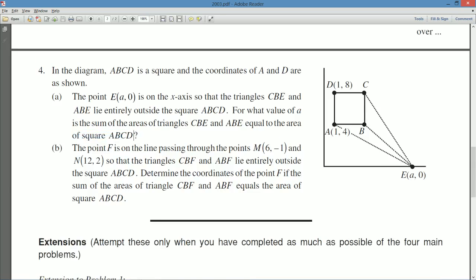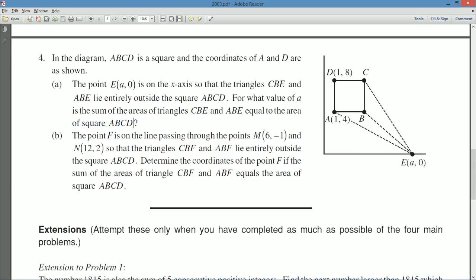So first we need to figure out the area of the square. That way we know what we're shooting for. And then we need to figure out each of CBE and ABE in terms of little a, the x-coordinate of E. And then we'll have to equate those two, and hopefully we'll be able to figure out what A is.